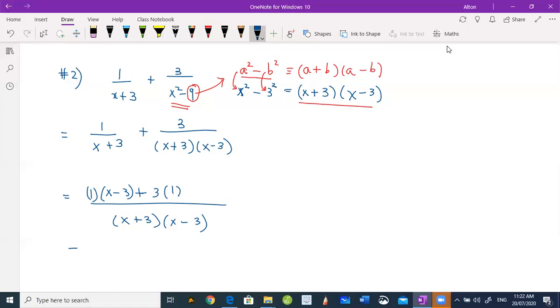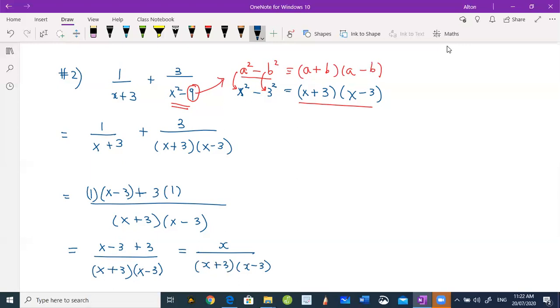And we can further simplify in the numerator to give us x minus 3 plus 3 divided by x plus 3 by x minus 3. And of course, our final answer, the numerator will simplify to x divided by x plus 3 by x minus 3.